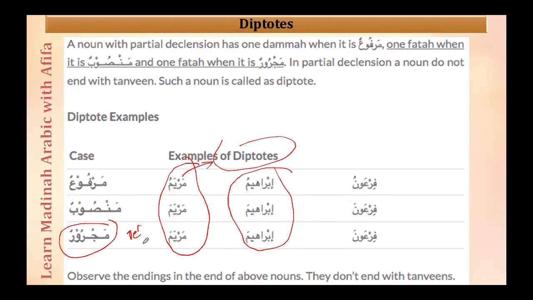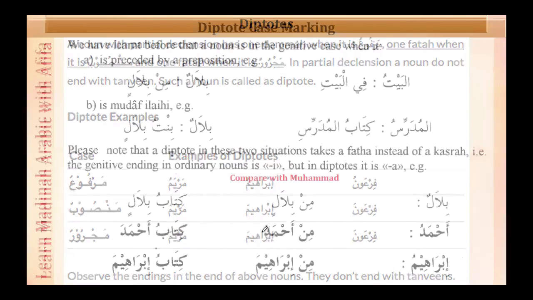They refuse the kasra. So Ibrahima and Maryama, even though they are majroor. Okay, feminine names fall in this category.